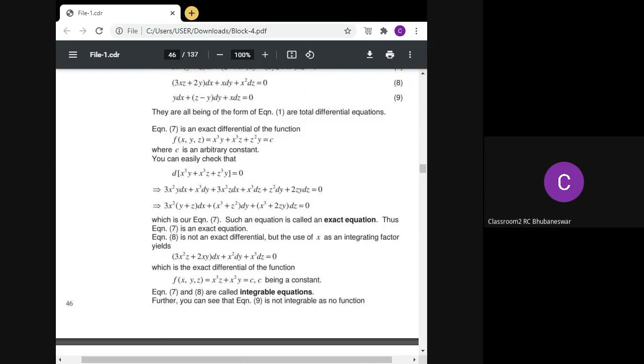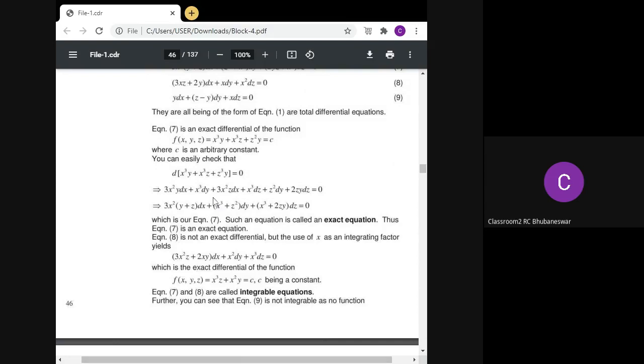In backward calculation, this equation can be represented as the total derivative of x^3 y plus x^3 z plus z^2 y equals 0. That means whenever a total differential equation can be represented in the form of an exact equation, we use this integrability approach or integrable equation.